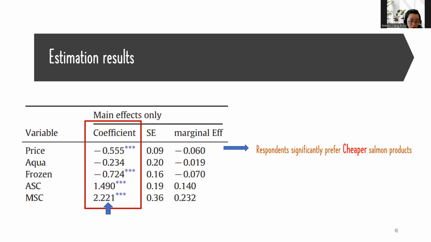Similarly, we can also interpret the results for frozen. That is the format of the salmon product here. As the coefficient is significant and negative, we can interpret this as respondents significantly prefer fresh salmon products over frozen products.